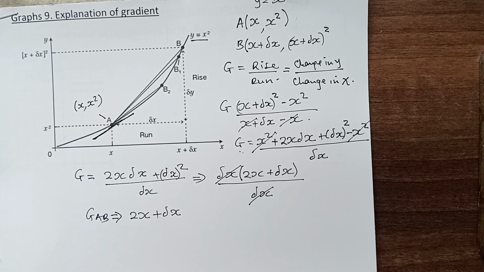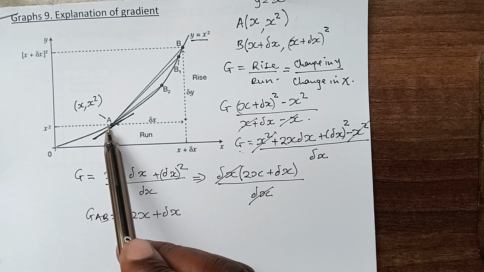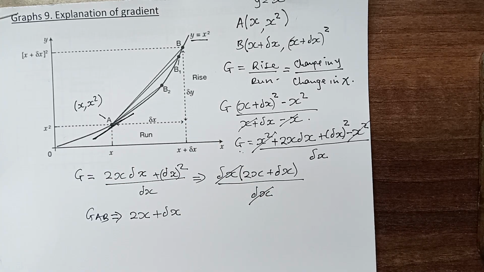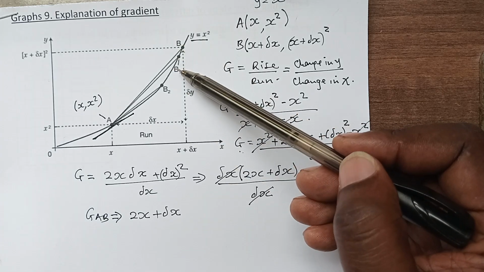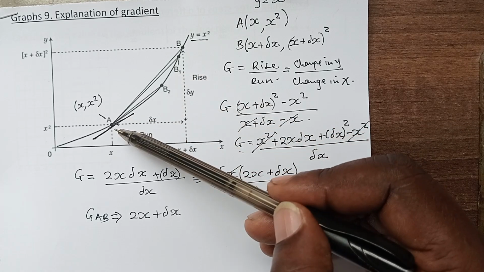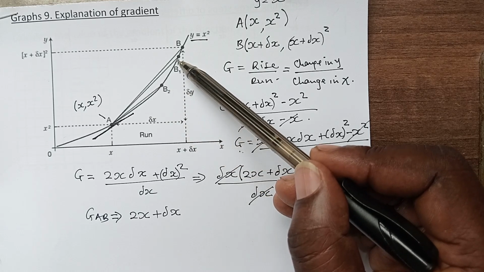That is not all. We were never interested in the gradient of line segment AB. We were interested in the gradient of the tangent of the curve at point A. And as you can see, if we changed the position of point B to B1, we can already see that it has come closer to point A. And that means now the error is smaller.